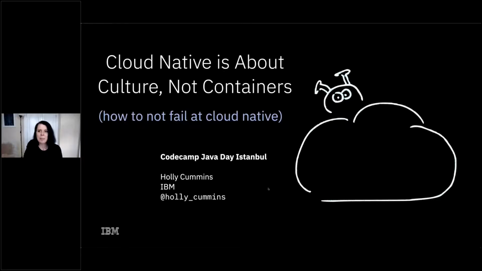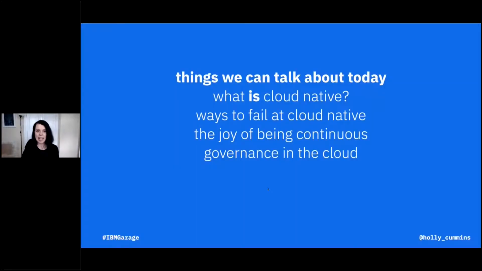So I think some of the things that we can talk about today, first of all, what is cloud native? And then I mentioned we can talk about, how does cloud native go wrong? What are some common anti-patterns that I've seen?